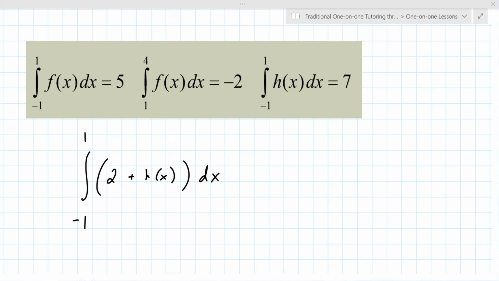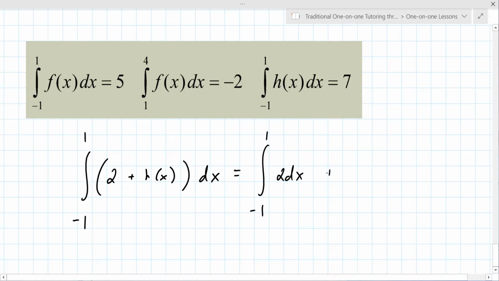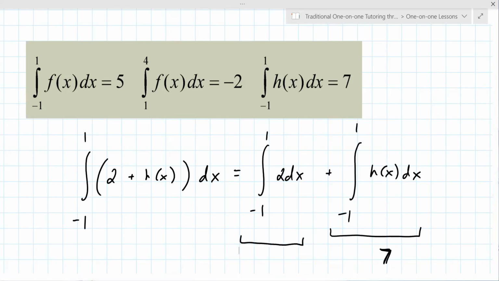So do you just bring the 7 from the h of x one? Let me write it out step by step in case you want to look back at this later on. So it's integral -1 to 1 h of x dx. So this is 7, and then yes, this is a rectangle over here. Do a little graph: -1 and 1, 2.